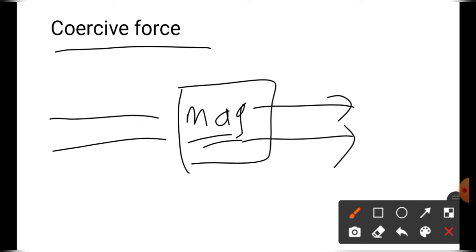To remove this magnetism present in the material, we require a coercive force. In that case, we apply an external magnetic field in the opposite direction, so the magnetic force will cancel out the magnetism present in the material. That force is called coercive force.